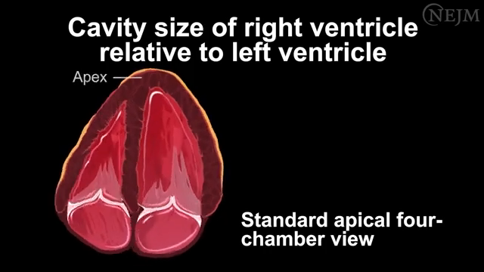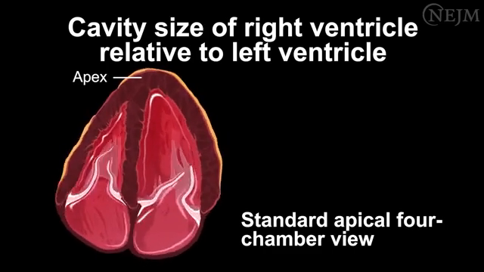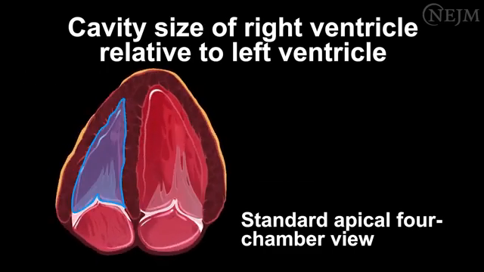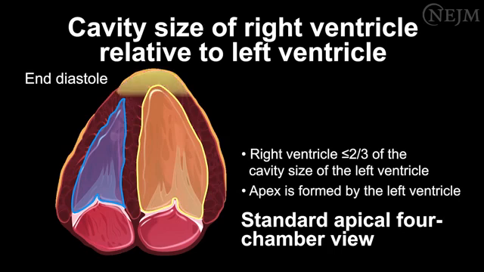In addition, identify the apex of the heart and assess whether it is formed mainly by the left ventricle or the right ventricle. When the size of the right ventricular cavity is less than or equal to 2/3 the size of the left ventricular cavity, and the left ventricle forms the apex of the heart, then the right ventricular cavity size is normal, suggesting normal preload and afterload conditions.